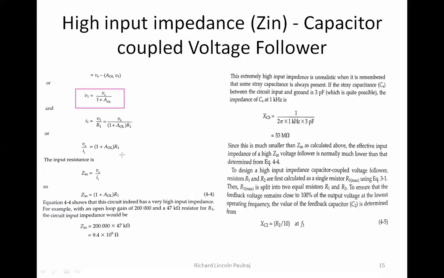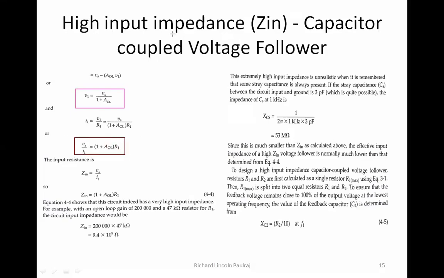So I am going to resubstitute this here, since I have V1 by R1. If I take the inverse of this, I1 is here, so I get I1 by Vs, and if I take the reverse of that, it will land up with 1 plus AOL into R1.